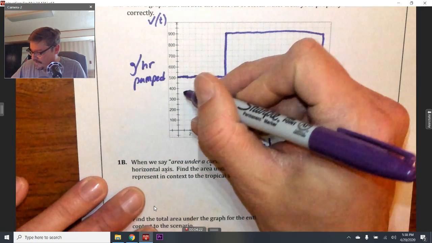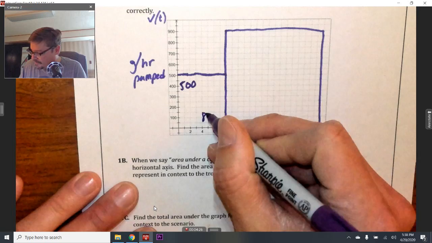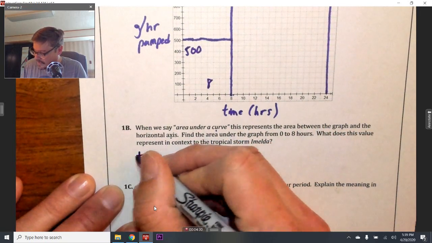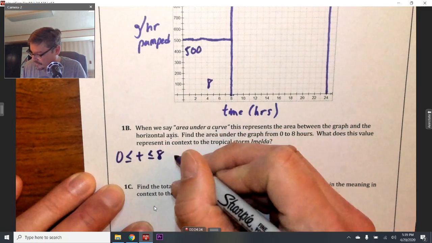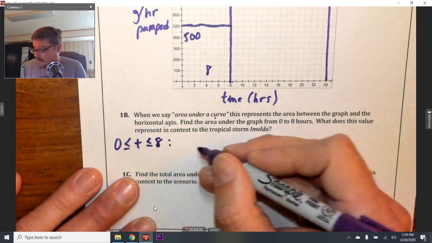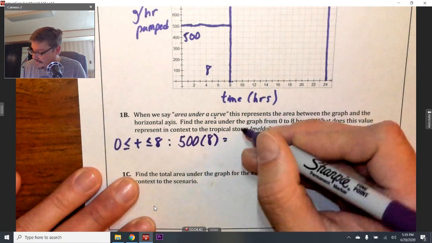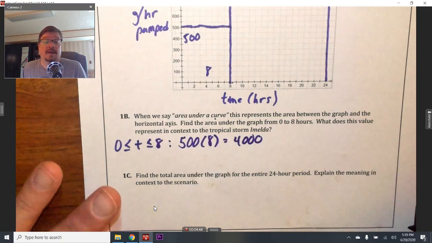Well, if I have 500 and I went for 8 hours, from time 0 to 8 hours, if I multiplied 500 times 8, I get 4,000. 4,000 what?